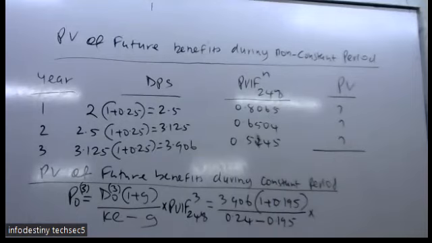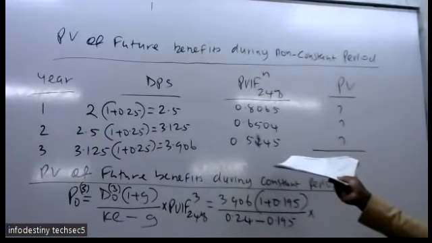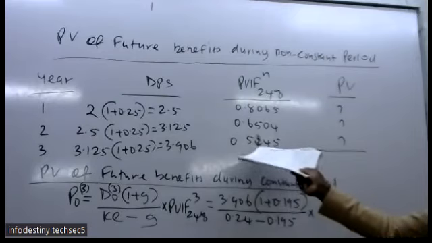Then you are supposed to multiply by the 24% in year 3. You remember it is 0.5245. So you remember the 24% in year 3.